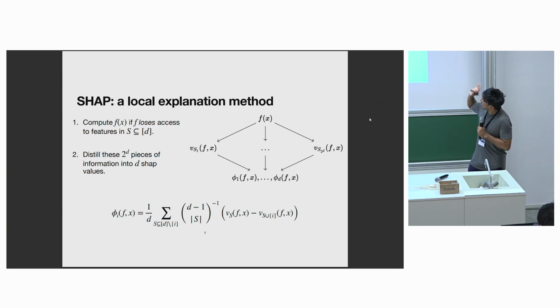So at a high level, SHAP works by first considering the function by looking at all subsets of the d features. This is 2 to the d possible subsets, understanding the behavior of the function if you restrict to those features, and then aggregating all of that information into d SHAP values. And there's a nice way to do that second aggregation step, and that's where this method gets its name, because it was discovered by this guy called Shapley.